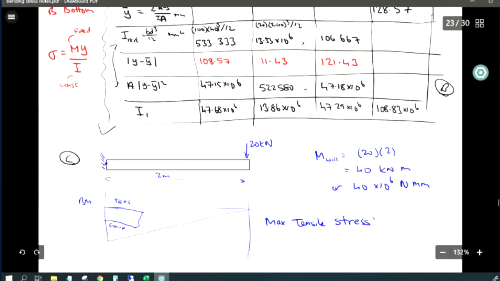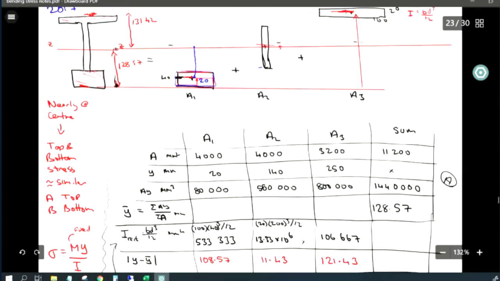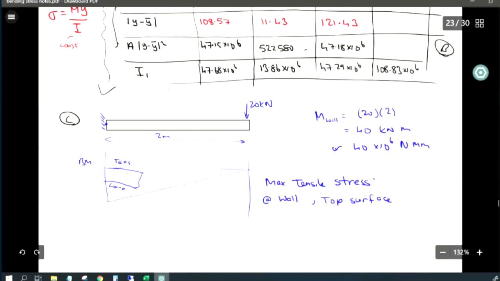Okay, so the question was asking what was the maximum tensile stress. We know it's going to be at the wall, because that's where the maximum bending moment is. And we also know it's going to be at the top surface. So at the top surface, the Y value we want is 131.42.